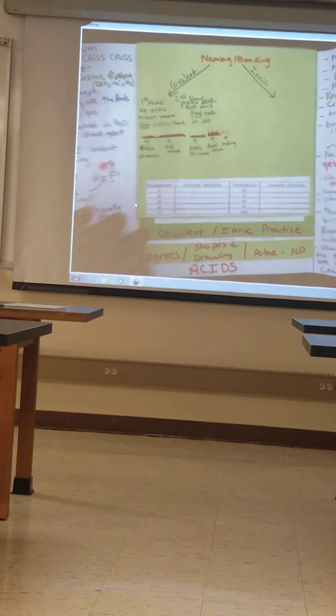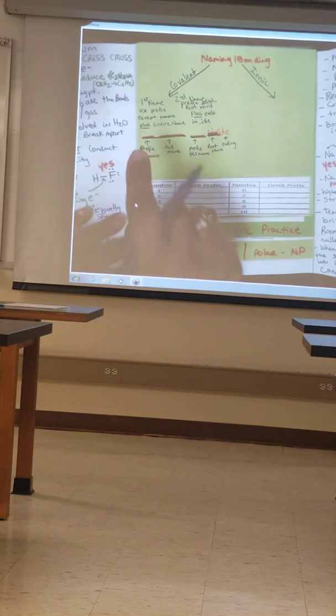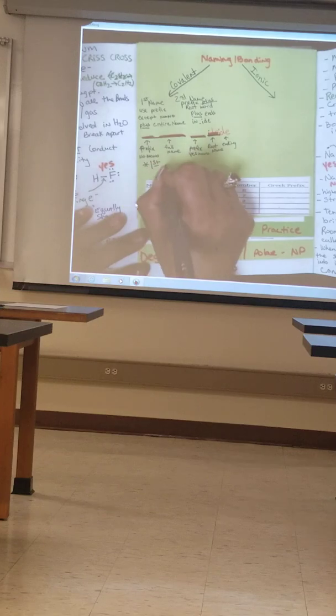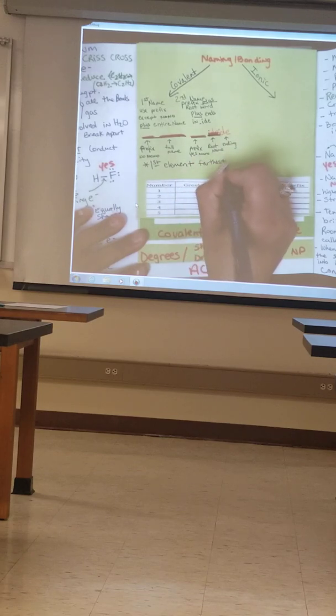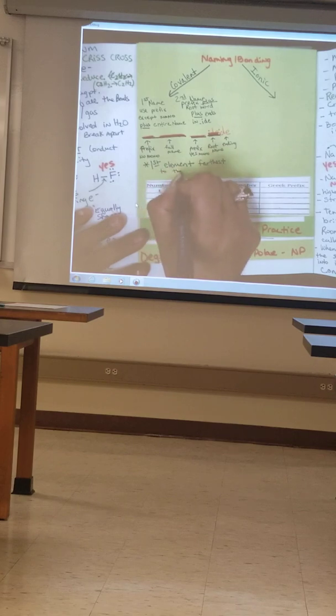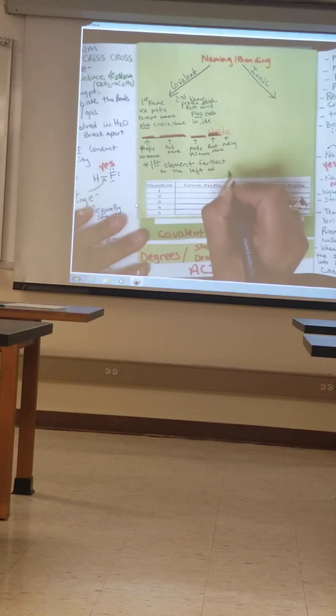Now, how do I know which element's gonna be the first element? I don't know if we recall that. It is in our notes, but I'm just not too sure if we recall. Who determines that he's the first element? It's going to be the farthest to the left or the farthest down.